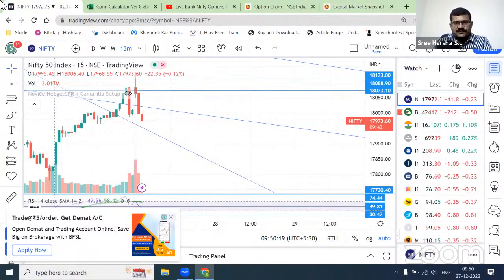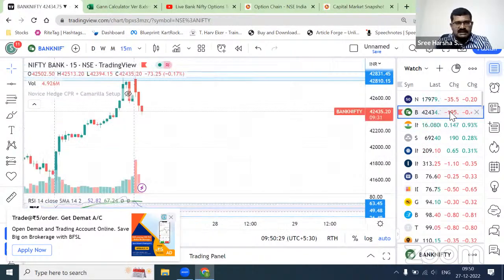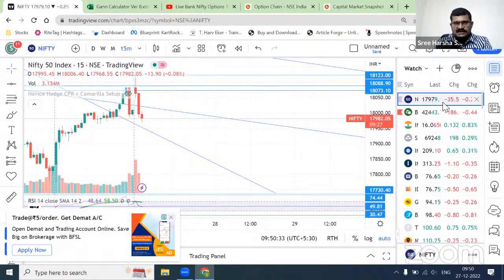It's a huge fall. And VIX has also started moving up. Market may actually give some bounce, but unlike yesterday, market is likely to go on the negative side.